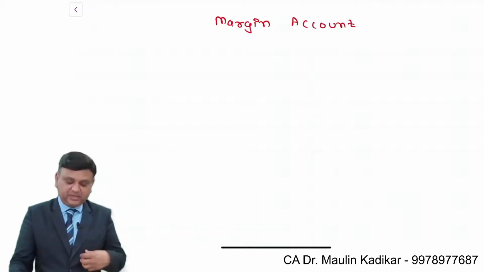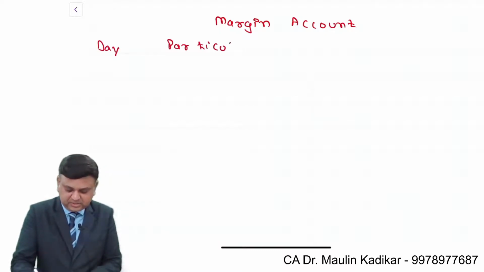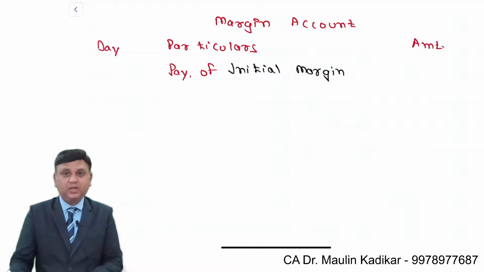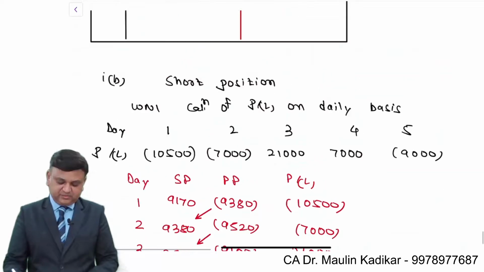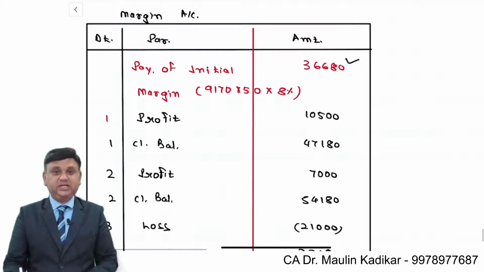Everyone is requested to write down the answer along with me. I am writing day, particulars, and amount. Again I start with the payment of initial margin. What is the amount of the initial margin which is supposed to be paid? It is an amount of 36680.